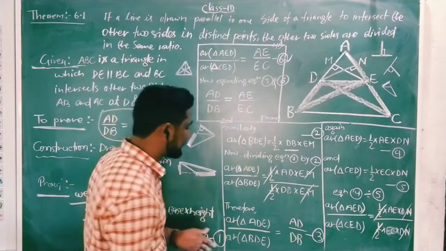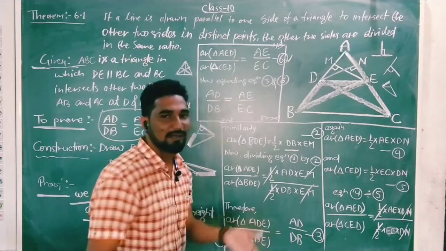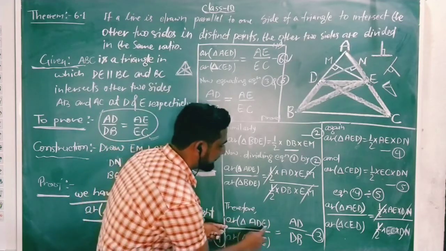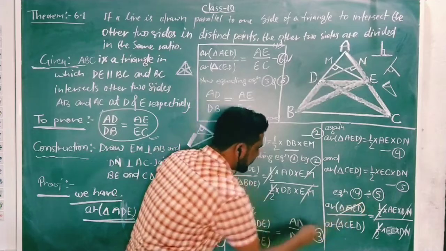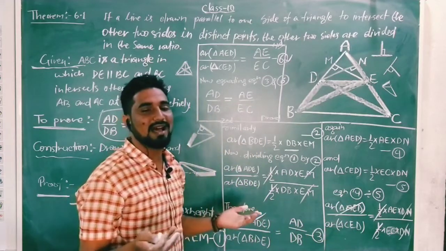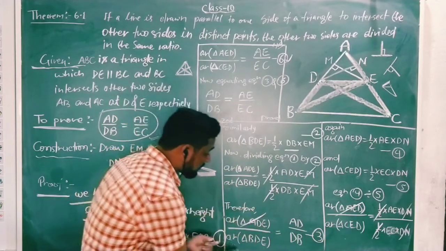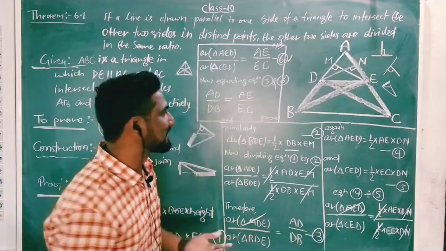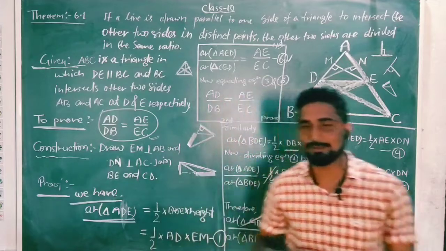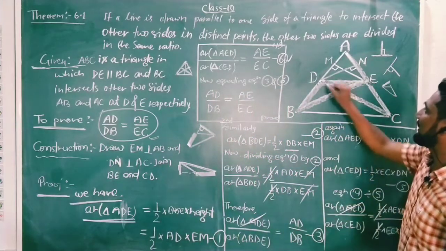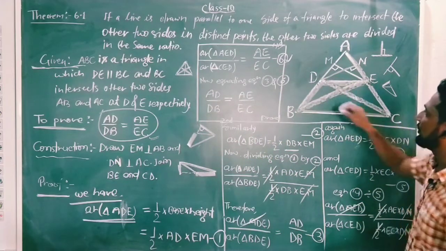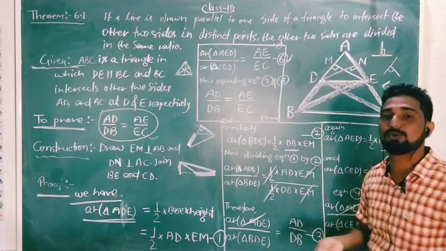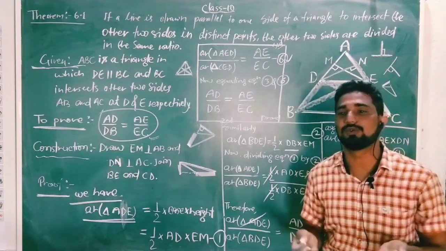So hence it is proved AD by DB is equal to AE by EC. And you must be thinking, sir, where this part has gone? I must tell you, this ADE and this AED will be cancelled because both triangles are the same. And if you talk about this, BDE and this CED, they were not equal. Why did you cut, sir? तो I must tell you, आप क्लास 9th में पढ़े होंगे कि जब दो पैरेलल लाइन के बीच में, सेम बेस पे कोई दो triangles होते हैं, तो उन दोनों का एरिया इक्वल होता है.